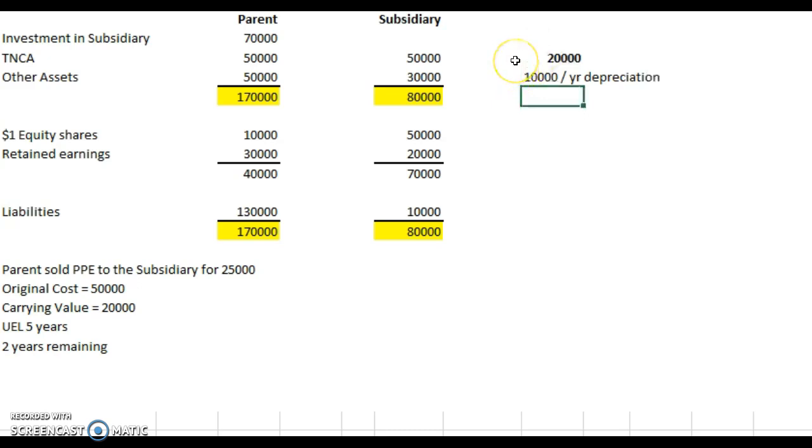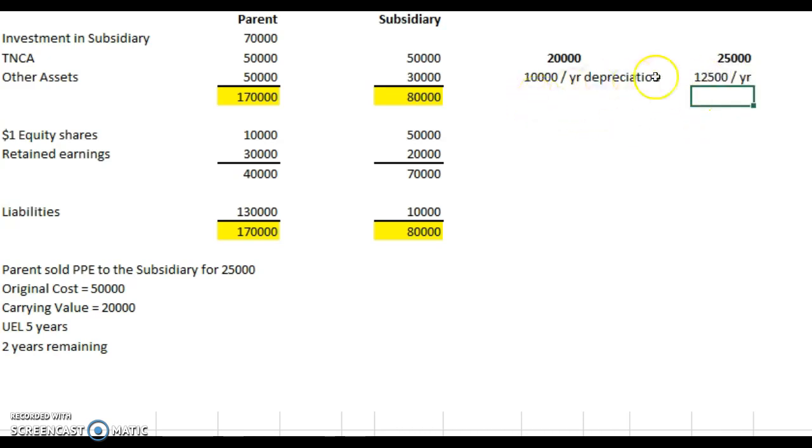Now, when it transfers over to the subsidiary at $25,000, the subsidiary is going to start depreciating that for the 2 remaining years at a higher value. So that is going to be $12,500 per year.